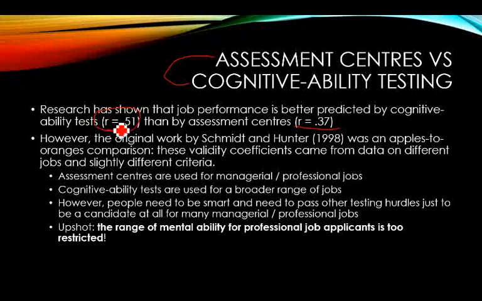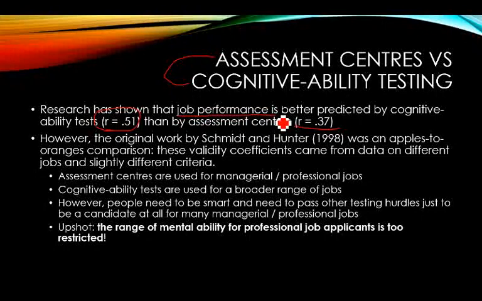This means that cognitive ability tests explain some 25% of the difference in people's job performance because we're squaring this number. Remember, we square it. Whereas assessment centers predict maybe 12%, 0.37 squared, some 12% of how well people do on the job, which means that cognitive ability tests are twice as informative as assessment centers. Because again, we're squaring to figure out the extent to which it explains differences in job performance.